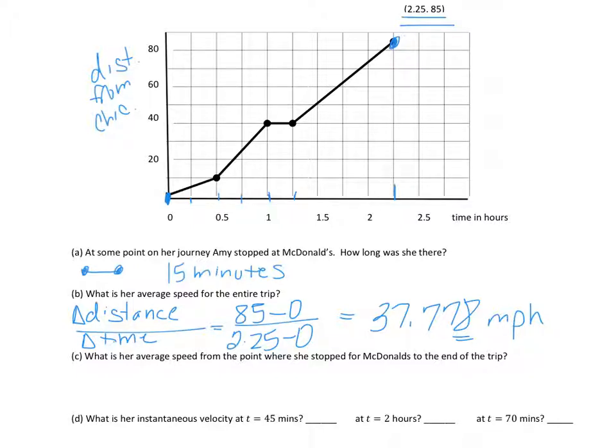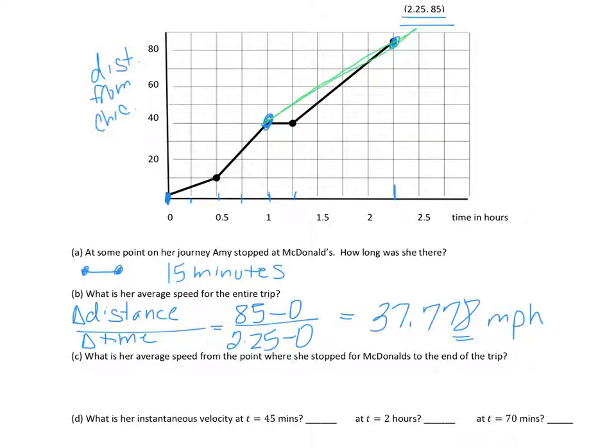But what if I didn't want to know her average speed for the whole trip? What was her average speed from the point where she stopped for McDonald's to the end of the trip? Now, where did she stop? Read carefully. Where did she stop? She stopped right here. And so what I'm really finding in this example is the slope of that green line.